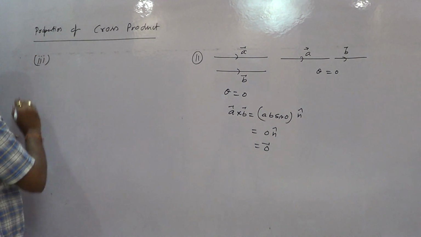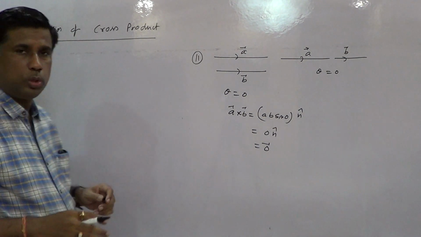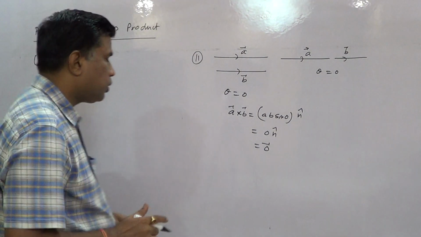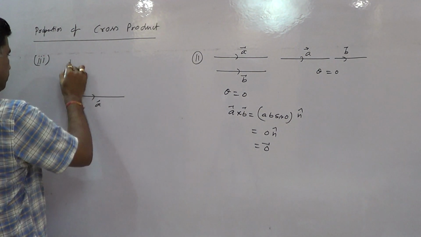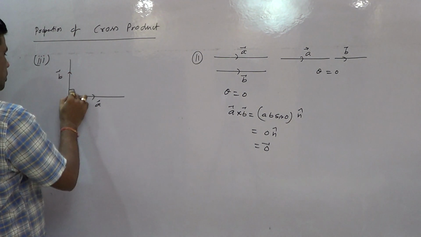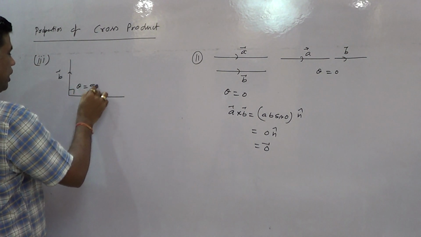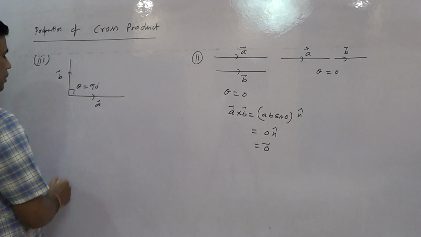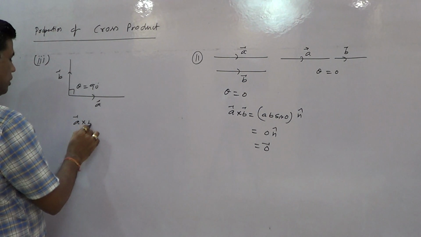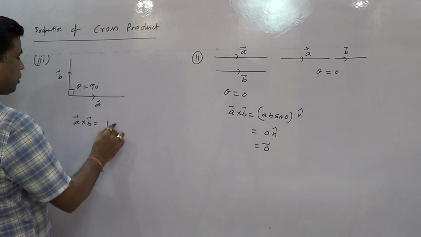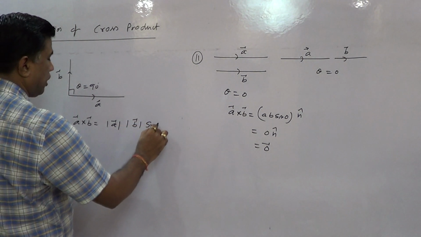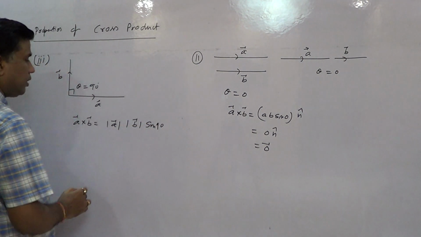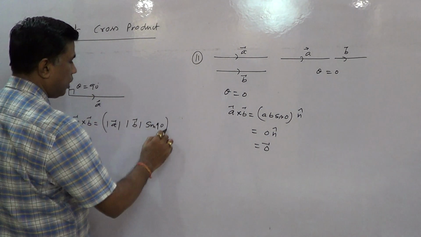In the third property, we will talk about only magnitude. Suppose we have two vectors A and B. They are perpendicular to each other. So the angle between them is 90 degrees. So cross product of these two vectors is the product of magnitude of first vector, second vector, and sine of the angle between them, sine 90 degrees, into a unit vector.